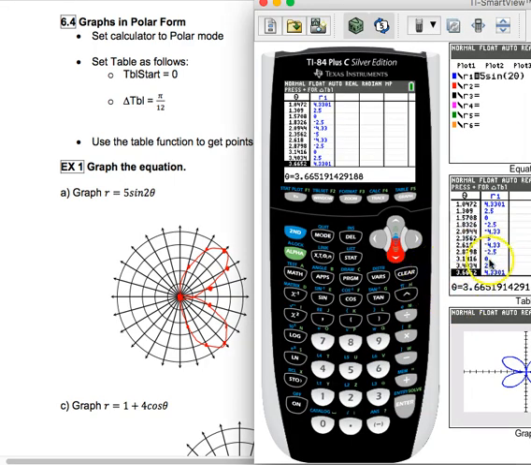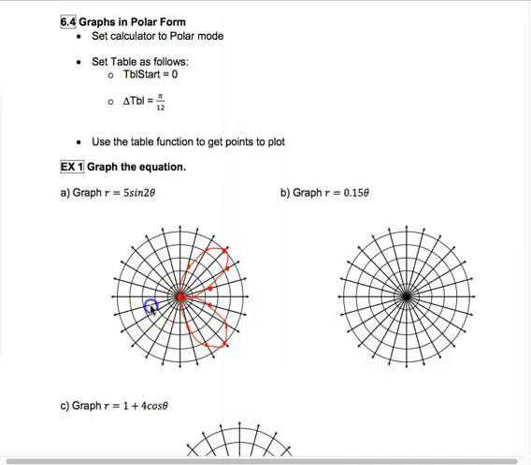Then keep scrolling because I've gotten back to 0. Now suddenly I'm in angles that would be in quadrant 3, and I've got these next values here. So scrolling down, oh, I went way too far. And so then that is going to give me 2.5, 4.3, 5, 4.3, 2.5, and then back to 0.